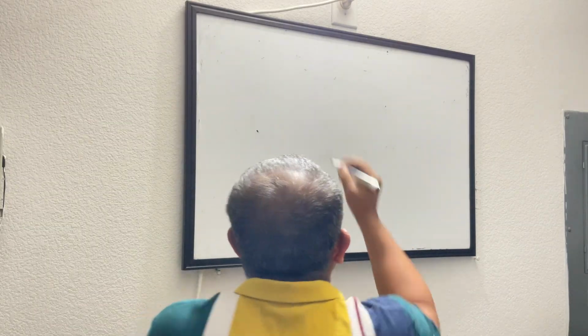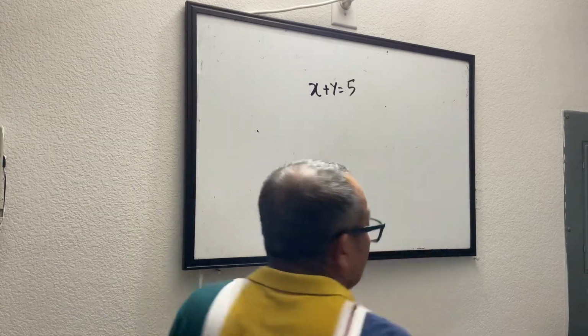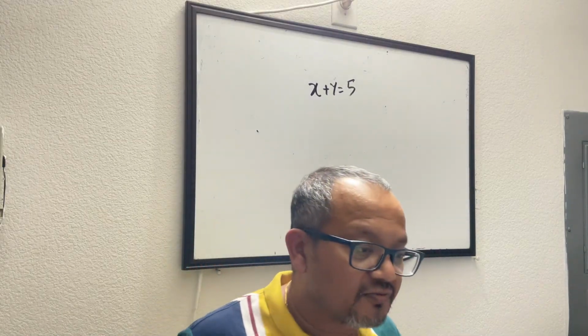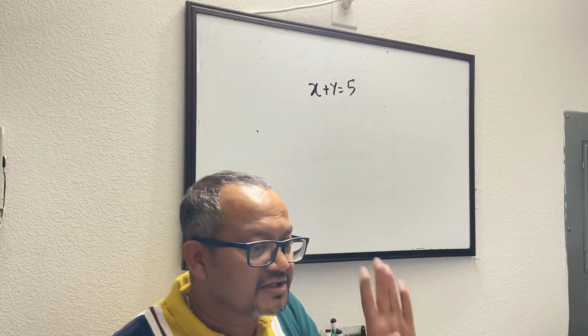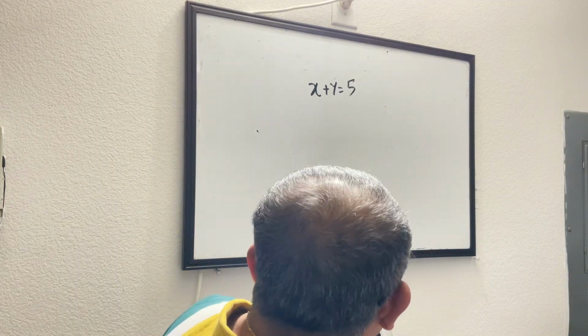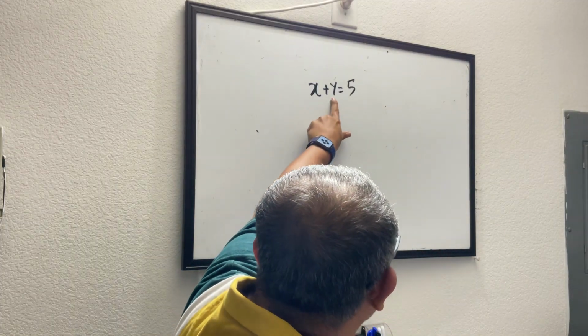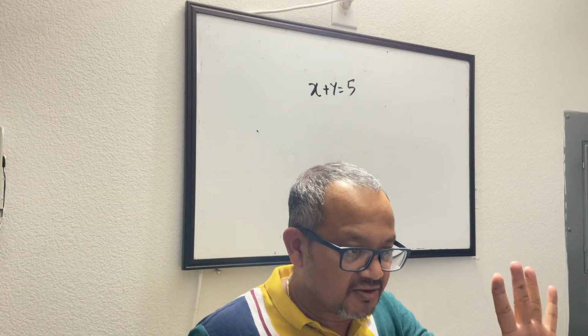See, I'll tell you. Let's say if I say x plus y equal to 5, what does it mean? It's just an equation. Imagine this like you and I planning to buy something which is worth $5.